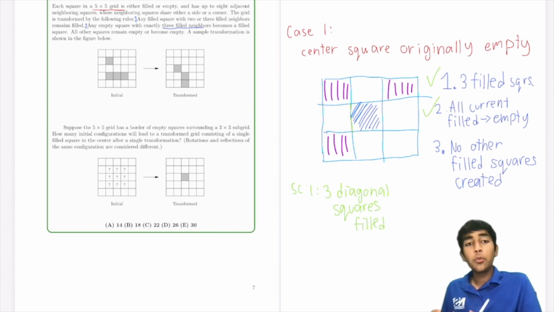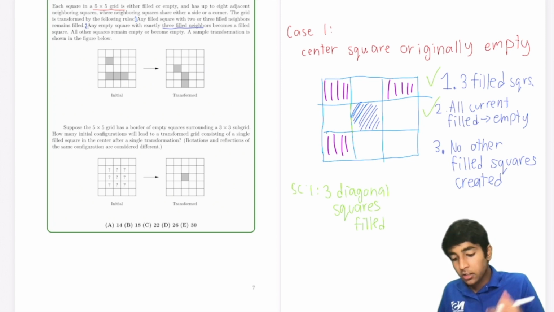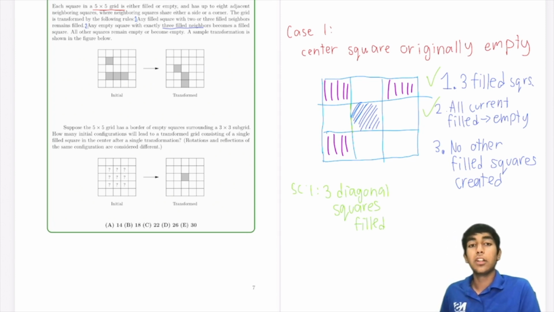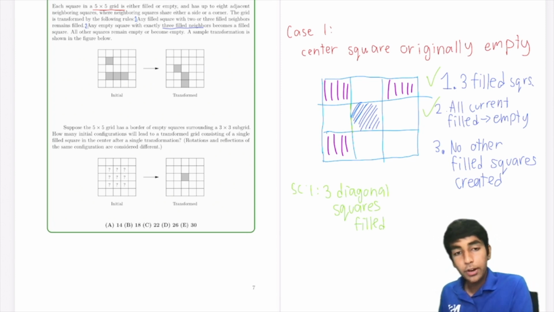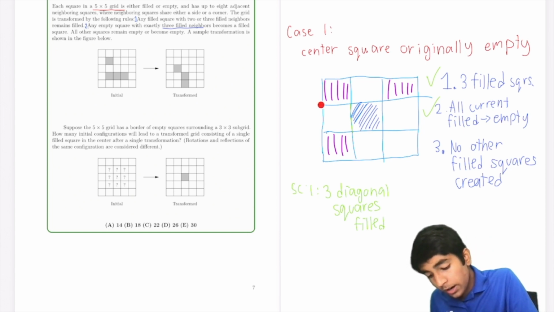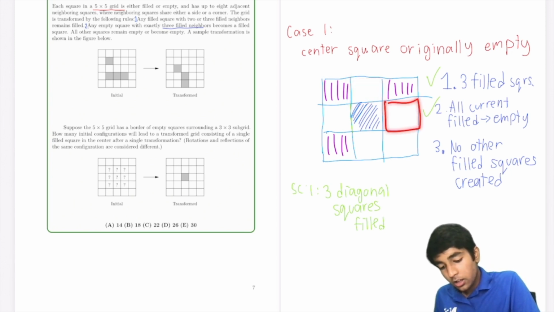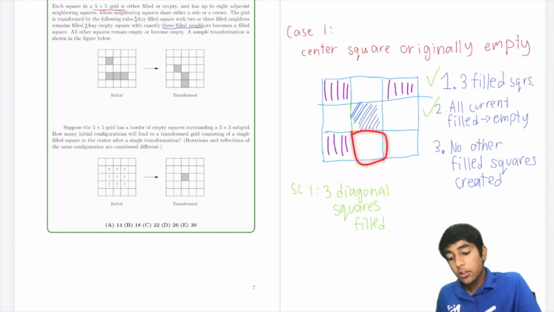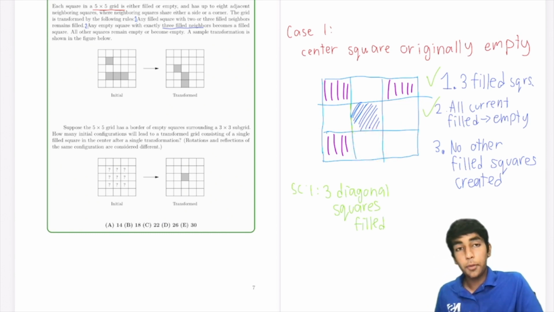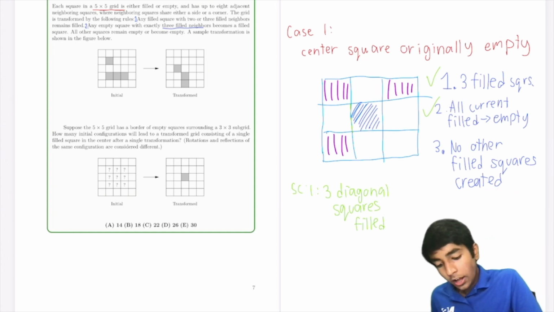So for any other square to become filled, it must be adjacent to all 3 of these currently filled squares, all 3 of the purple squares. Is this square adjacent to 3 purple squares? No. This one isn't adjacent to 3 purple ones. Neither is this one, or this one. So none of these squares are adjacent to 3 purple squares. So no other filled squares are created. All conditions are satisfied, so all of these cases work.